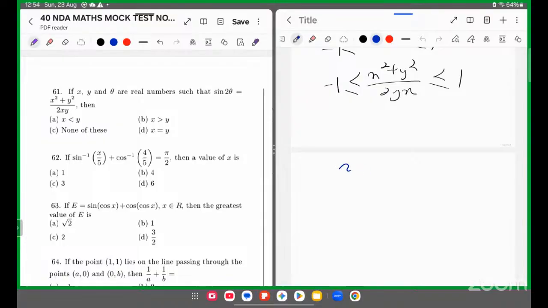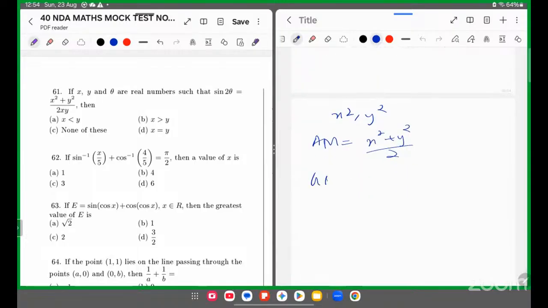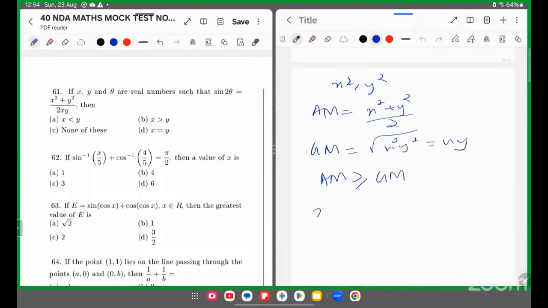When you consider x square and y square, the arithmetic mean is (x square plus y square) by 2. The geometric mean is the square root of x square y square, which is xy. Arithmetic mean is always greater than or equal to geometric mean. So (x square plus y square) by 2 is greater than or equal to xy.